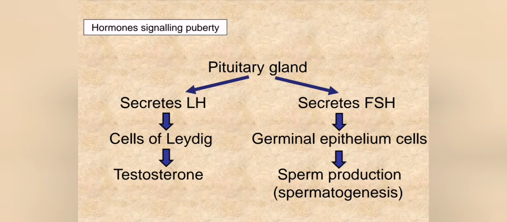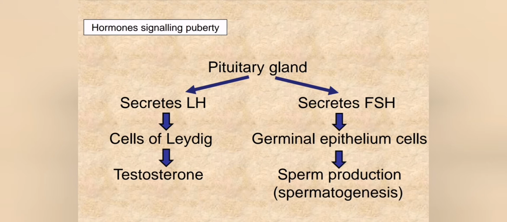LH stands for luteinizing hormone, and FSH stands for follicle stimulating hormone. The function of follicle stimulating hormone is to cause germinal epithelium cells, which are found inside the seminiferous tubules of the testes, to undergo division to form sperm.